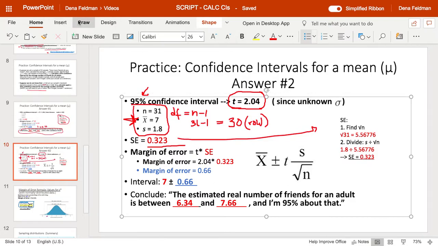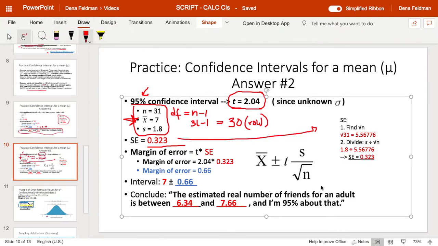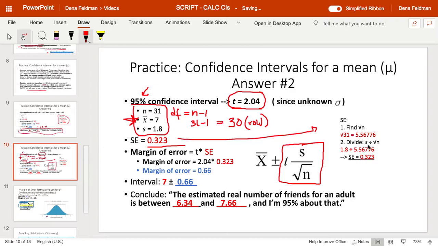Margin of error is t times the number that we just found over here, the standard error, s divided by square root of n, which equals this number here. This number here times t. When I multiply them together, I get 0.66.